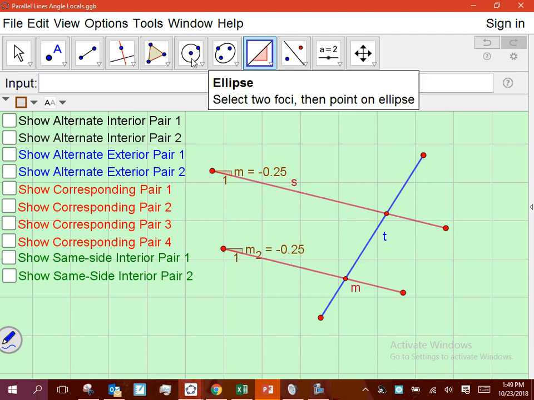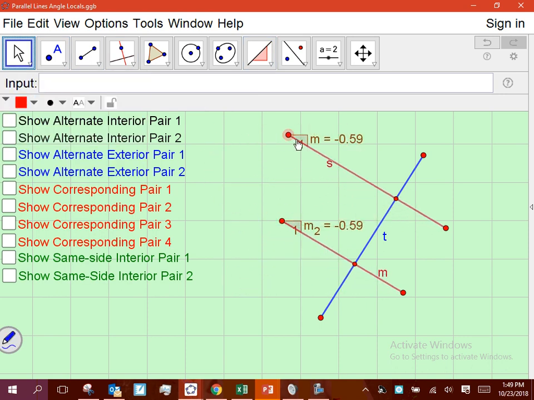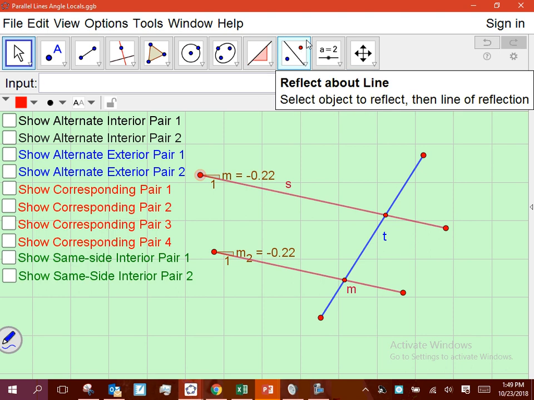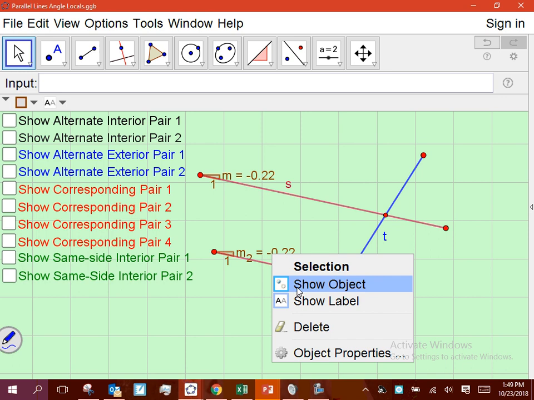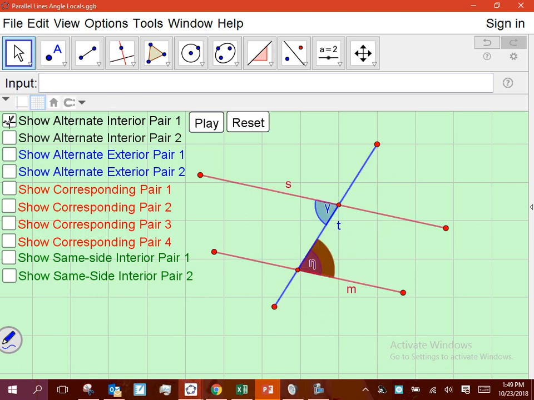And that then guarantees that they are indeed parallel. And when I change one of them, it automatically changes the other. That's the way I kind of constructed this using GeoGebra. Okay, you guys remember doing constructions a couple weeks ago? All right, so everything I've done in here is based off of constructions that we did a couple weeks ago. All right, so when I show you those two angles right there, that pair of alternate interior angles, okay?